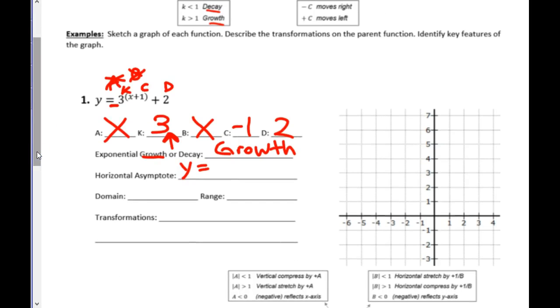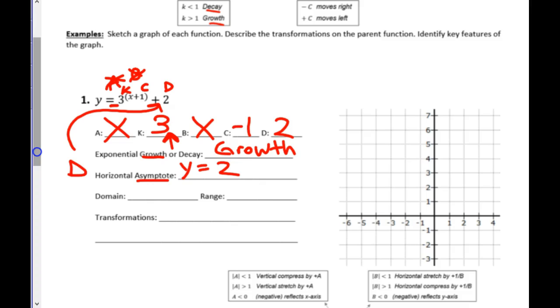So here's how you tell. It's not always 0. If it shifts up or down, that's going to change your asymptote. So what you need to look at is this number. So if it goes up 2, then my asymptote is going to be at 2. So I'm telling you, to get your horizontal asymptote number, you look at letter D. Okay?